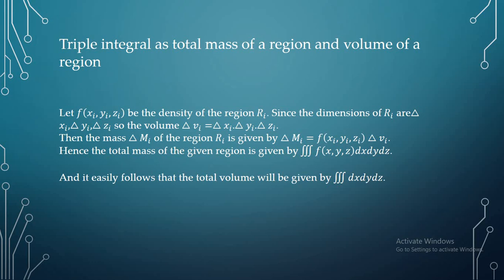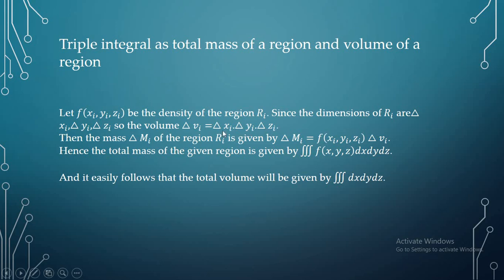If we wish to find the mass of this entire region, we have to integrate this. Since this contains three independent variables, integrating the function over x, y, z will give the total mass. So this triple integration can be used to find the mass of a region. Also, delta vi is delta xi into delta yi into delta zi.